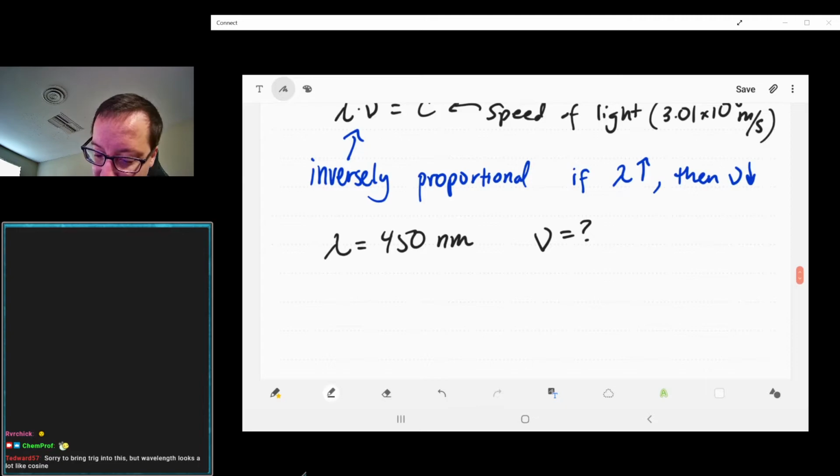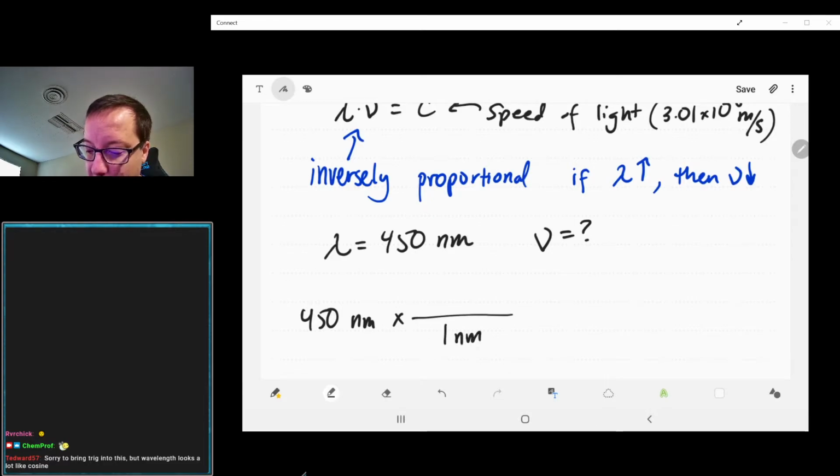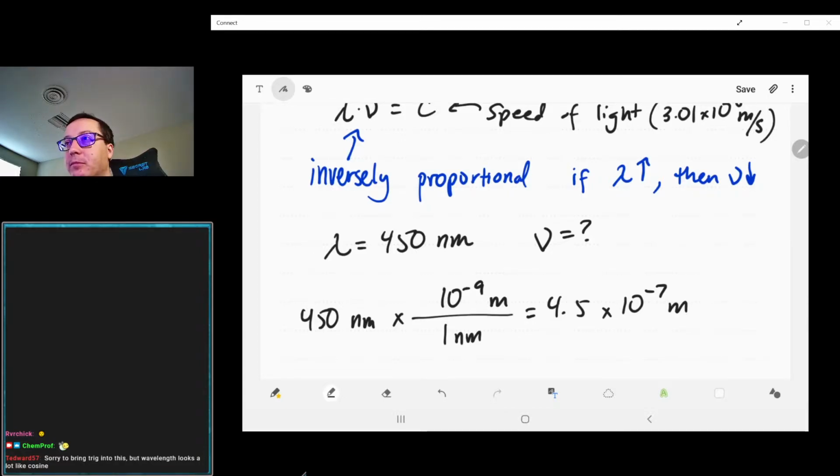So let's take this 450 nanometers and convert it to meters. And if we remember our unit conversions, we'll see that 10 to the 9th is what nano stands for. And so that would be 4.5 times 10 to the negative 7 meters. Just putting that there in scientific notation, but that's good.